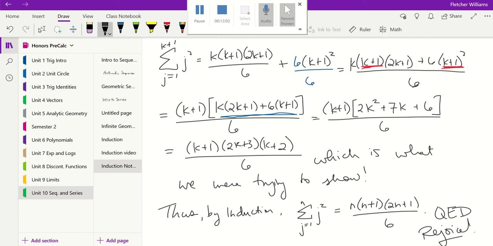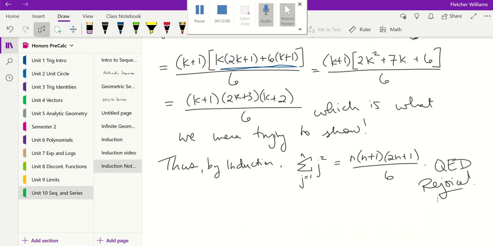Can you see the logic of the proof? It's pretty amazing, right? Oh, I guess I could also say this. Thus by induction, this equals this for all positive integers n. Because you can't just plug in 1.5, you know what I mean? Or negative 6. It's got to be only positive integers.